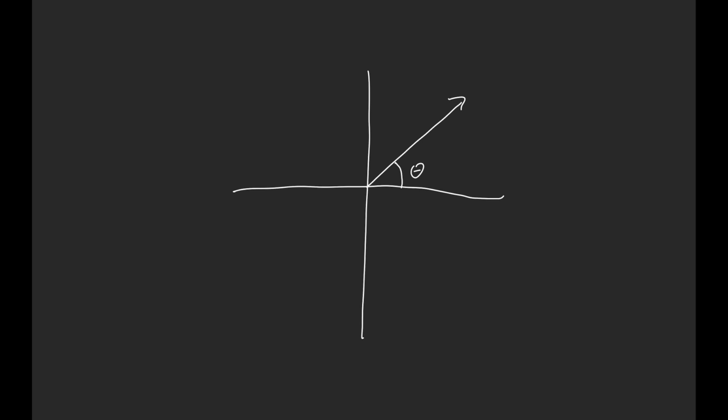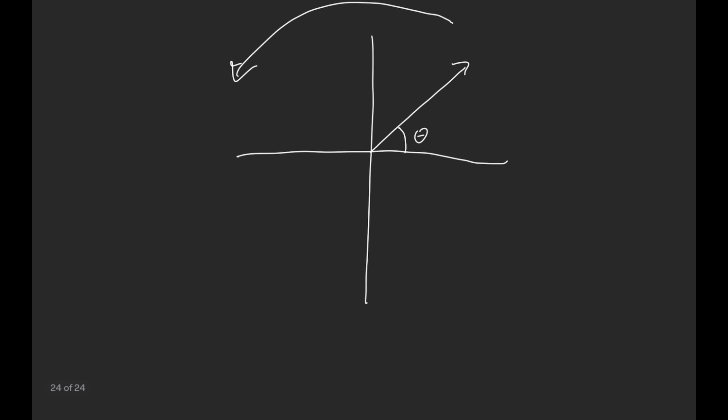The terminal arm is always centered on the point 0, 0, unless stated otherwise, and it moves counterclockwise. As it completes a full rotation, causing theta to expand like that, it has traveled a total of 360 degrees.